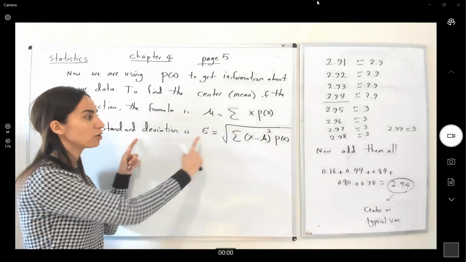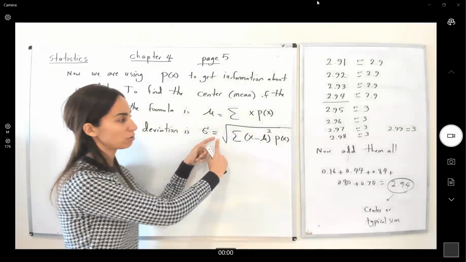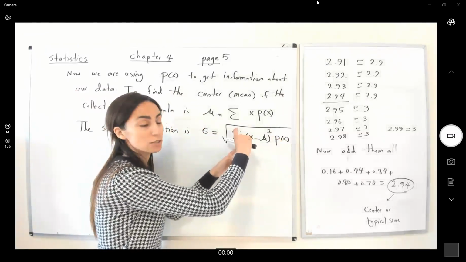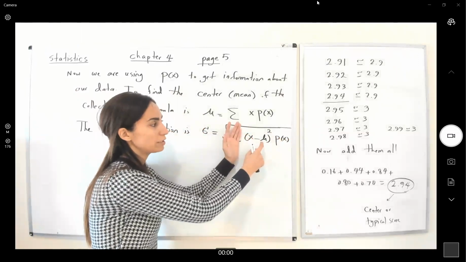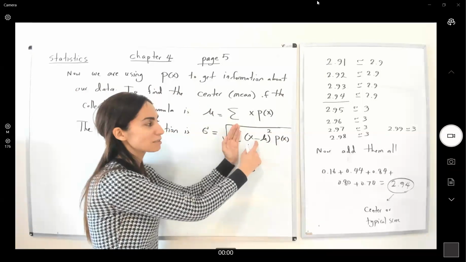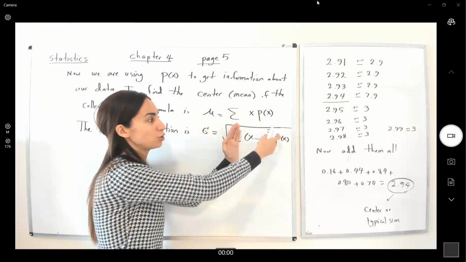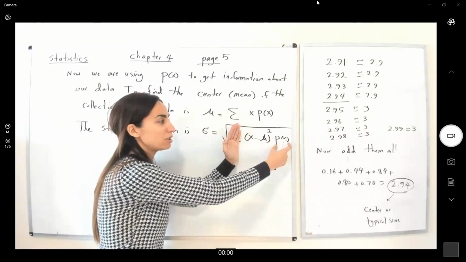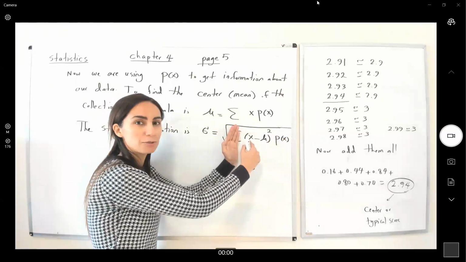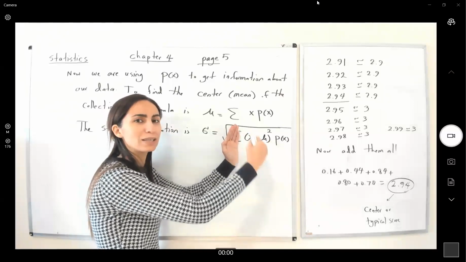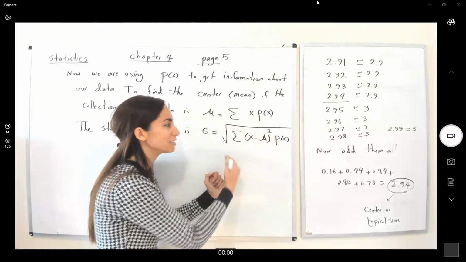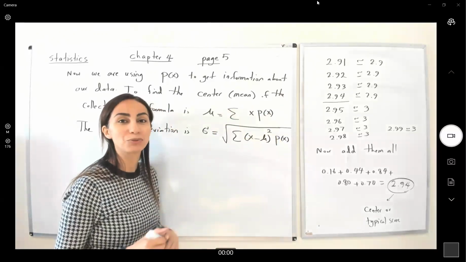Sigma is equal to the square root of the sum. You find mu, the mean or typical value, x minus the mean, you square that value, multiply by P of x, the probability for that specific x. You calculate each of them, add them all together, you have your number, then you take the square root.